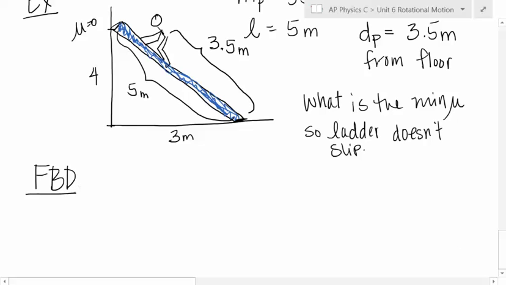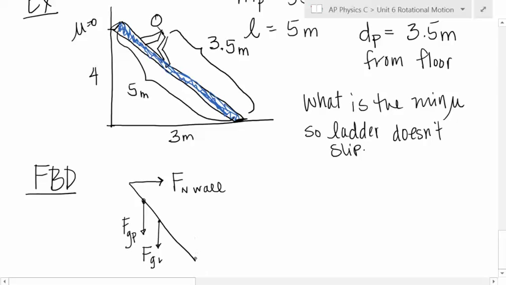Okay, so here's my ladder. There is the gravitational force due to the earth pulling on the ladder. There's also a gravitational force of the earth pulling on the person. So Fg of the person. There's also a force from the wall holding our ladder, force normal from the wall.